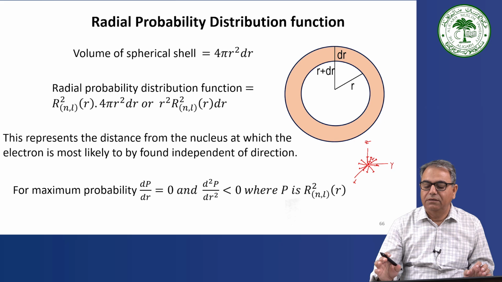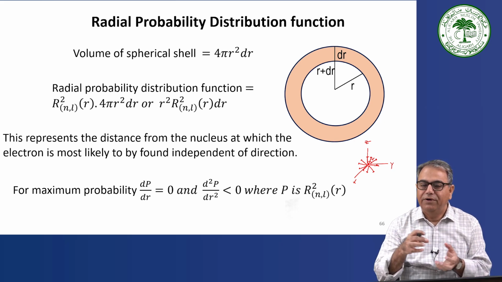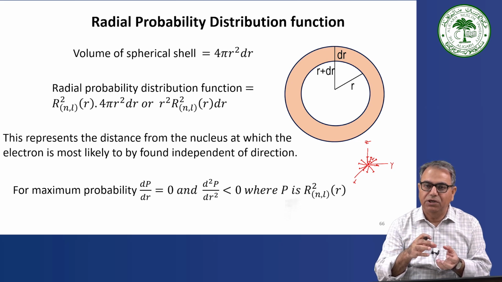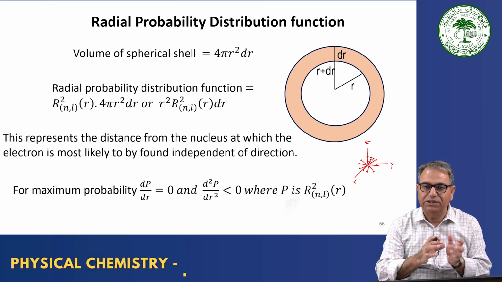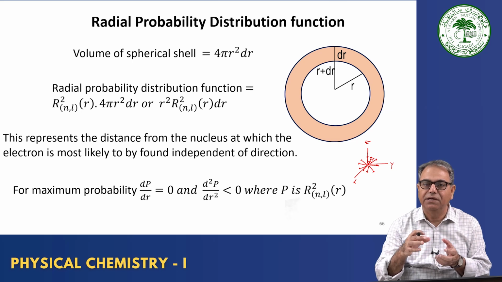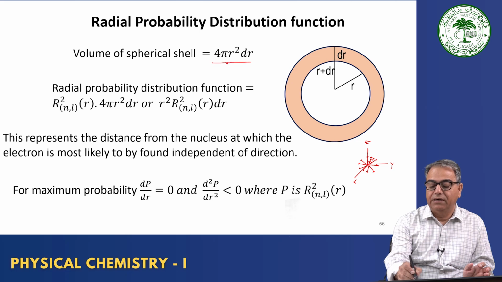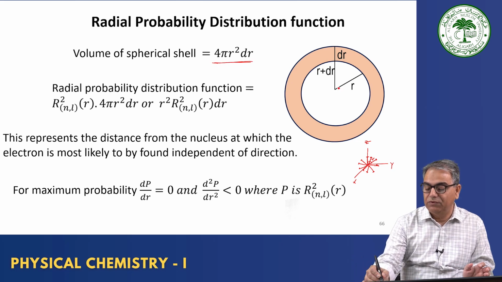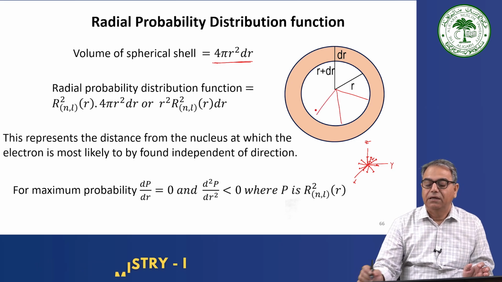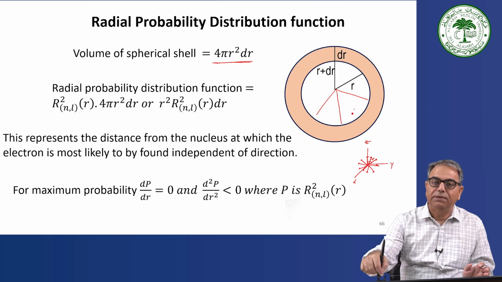Imagine two spheres, a large sphere and a small sphere put one within the other, so that in between you have a small vacant space. That small space around the smaller sphere is called the spherical shell, and its volume is 4 pi r square dr. So this r, which you can measure here, here and here, lets you talk about the probability in all possible directions from the origin point.